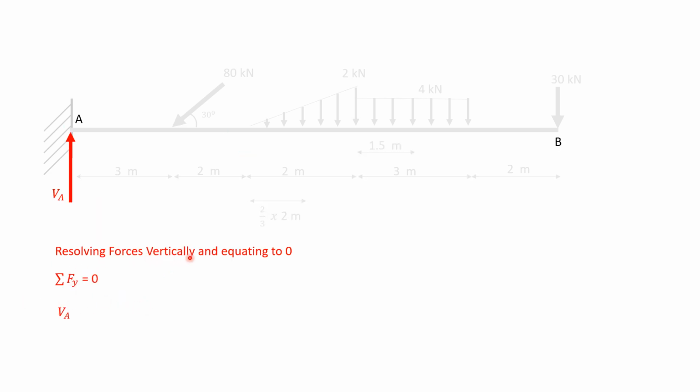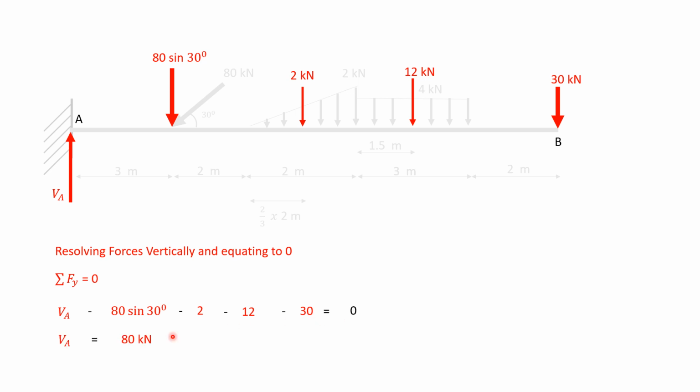Resolving forces vertically and equating to 0, that is summation Fy equal to 0, VA upward force and 80 sin 30 downward force, minus 2 kilonewton force, minus 12, minus 30 equal to 0, VA value we get.